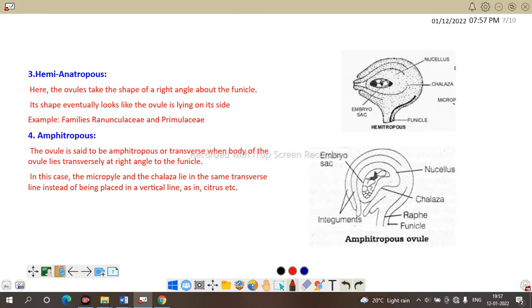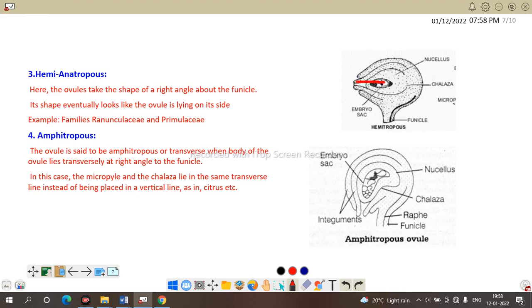Next is hemianatropous. Here is the hemianatropous ovule. Here the micropyle and chalaza lie on its side. It looks like the ovule is lying on its side, at a right angle about the funicle.